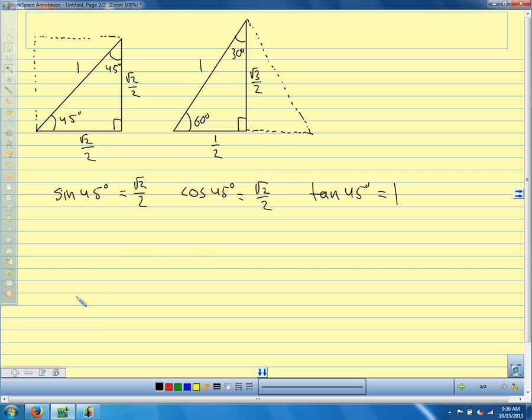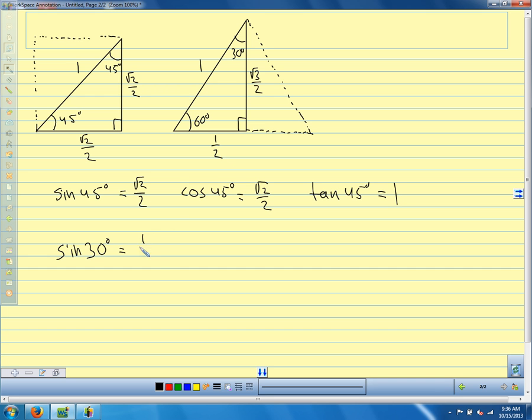All right, so let's write our sines and cosines of 30 and 60. Sine of 30 degrees. Square root of 3 over 2, everybody agree? One half. 30 degrees is here, the opposite, 1/2. The hypotenuse is 1.